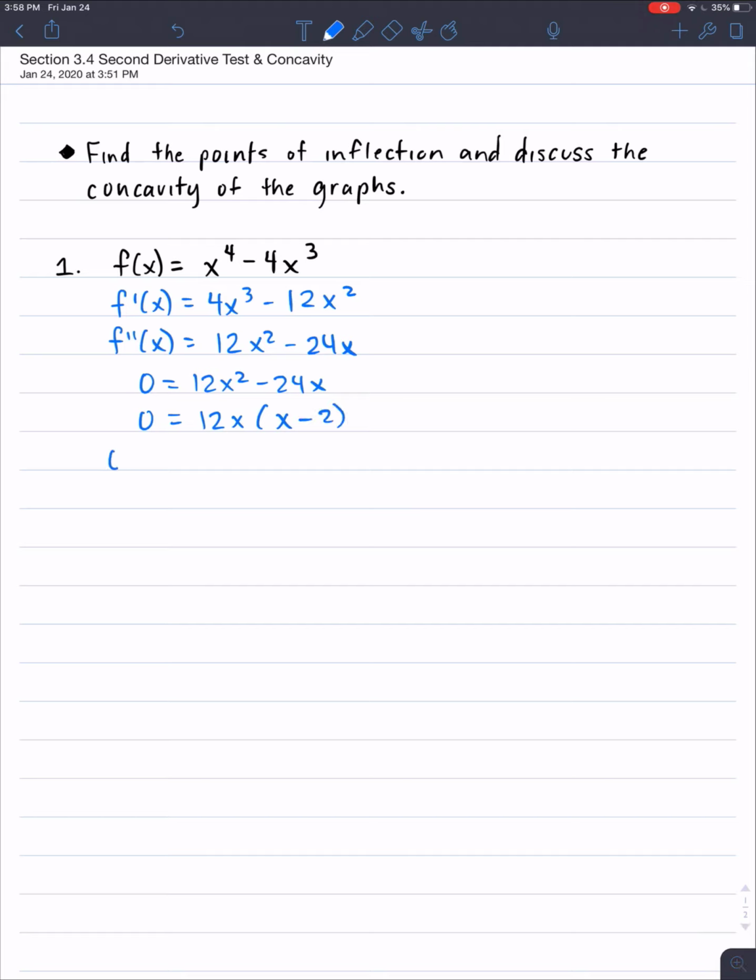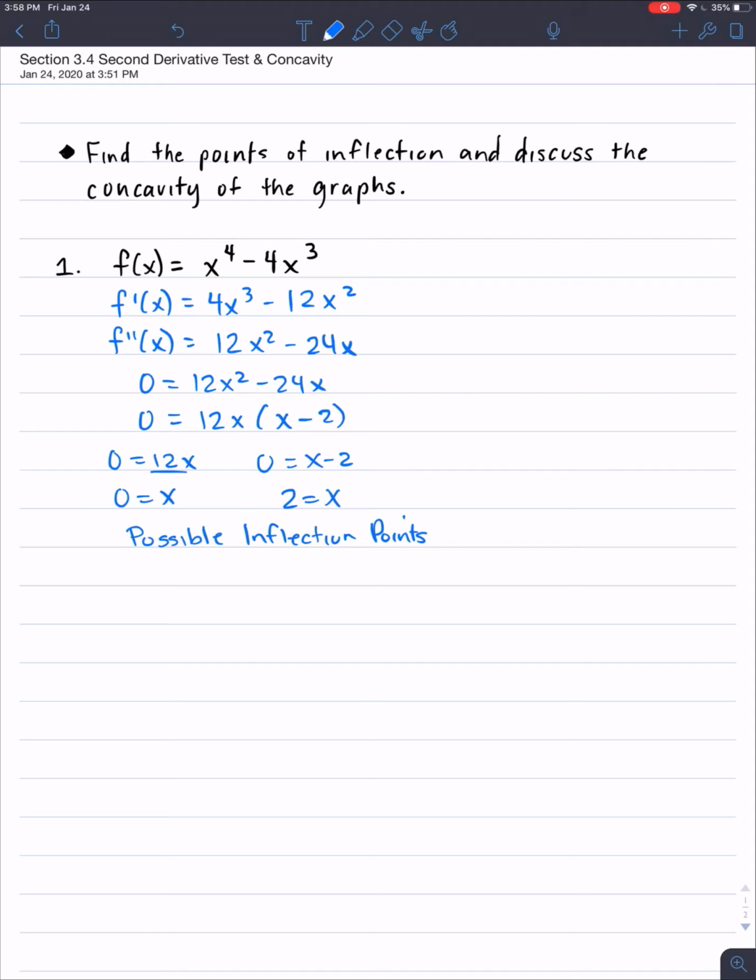Set each one of those equal to 0. Here we get x equal to 0, and adding 2 to both sides, x equal to 2. So we have possible inflection points.